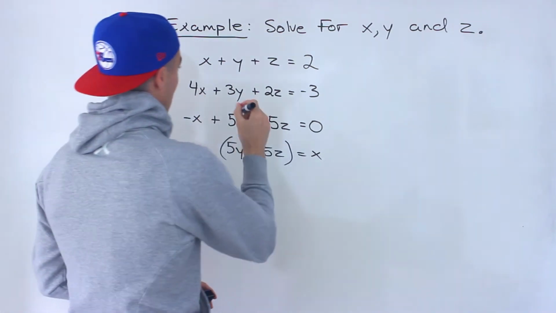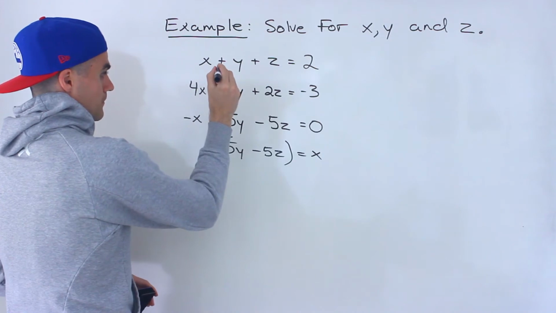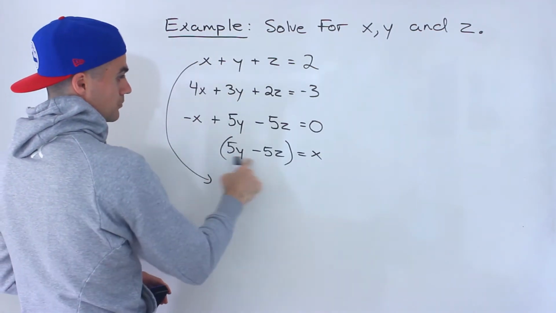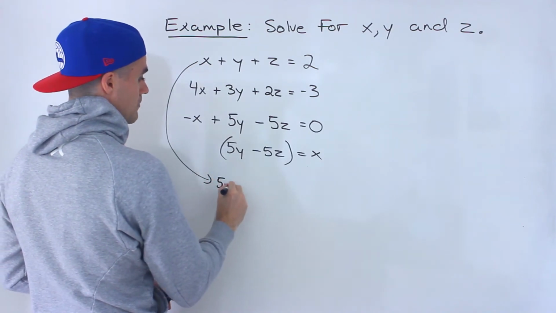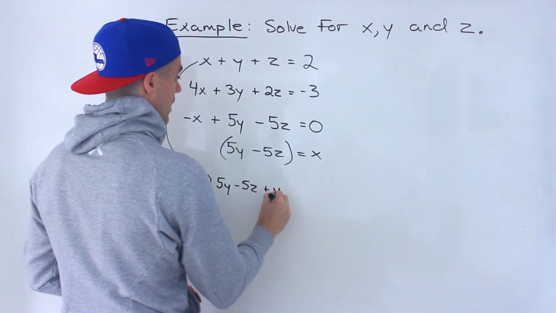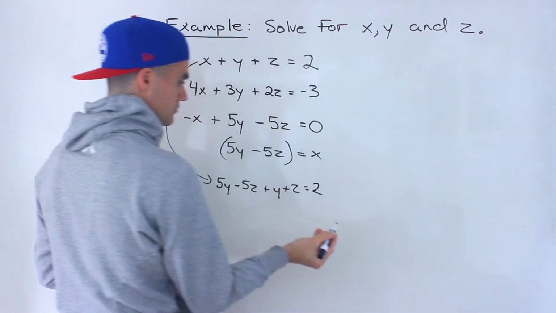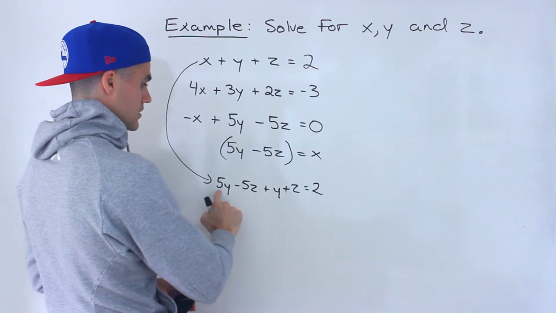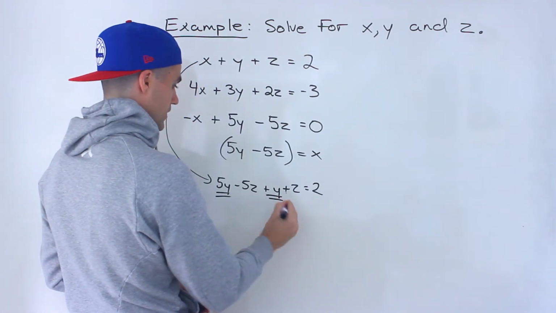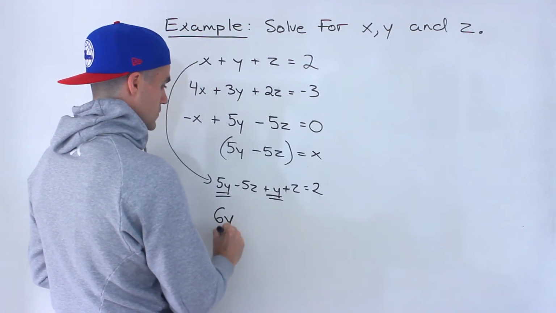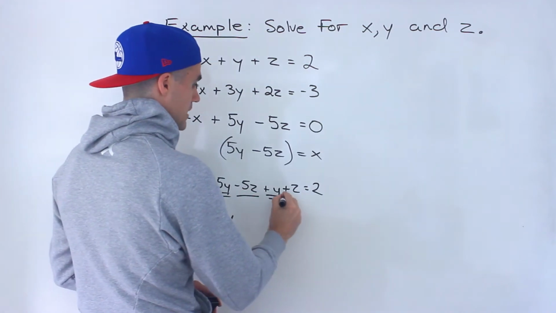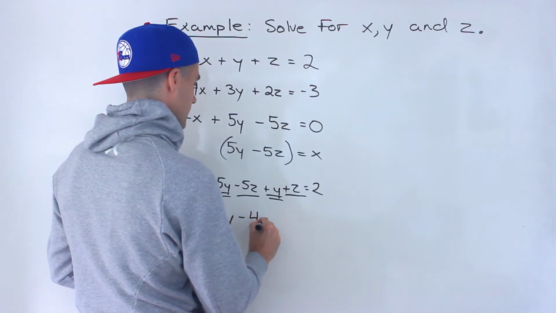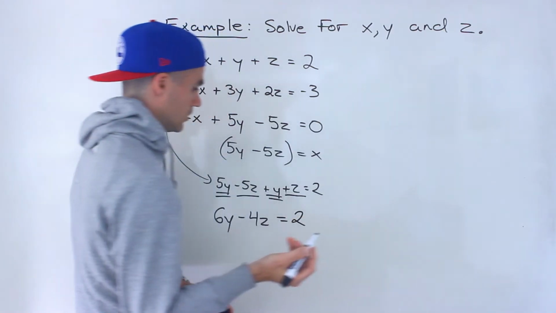And so when we do that, let me plug it in here. This x value, we're going to plug in this, so we'll have 5y minus 5z plus y plus z is equal to 2. And then if we simplify this, notice that 5y plus y gives us 6y, and then minus 5z plus z would give us minus 4z, and that's going to equal 2.